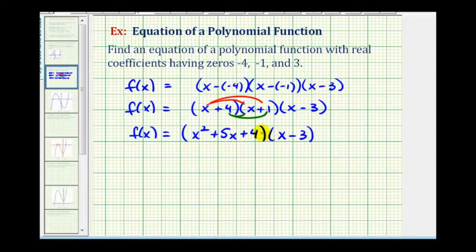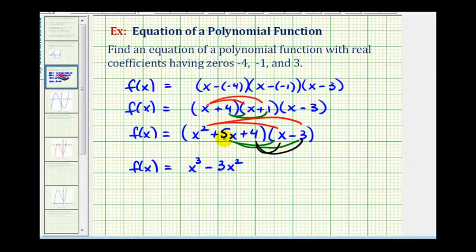Multiplying these two, we'll have 6 products, 1, 2, 3, 4, 5, and 6. So we'll have f of x equals x to the second times x, that's x to the third. X to the second times -3, that's -3x squared, or minus 3x squared.